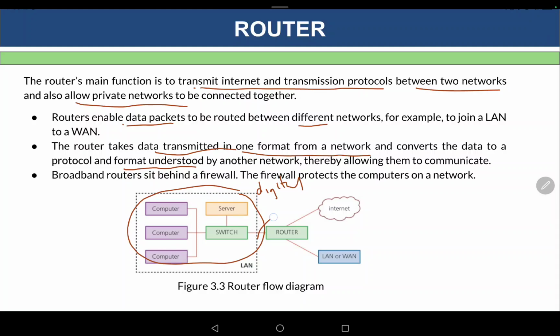When this data is being transmitted to the internet or to another network, it has to be changed to analog data. So a router would allow for that. Also, same thing when data is coming in from the internet to your own network, the data also needs to be converted. Okay, so a broadband router sits behind a firewall, and the firewall protects the computers on a network.